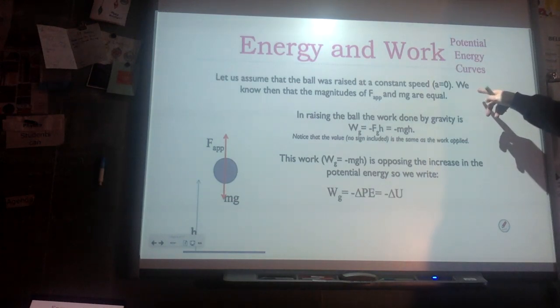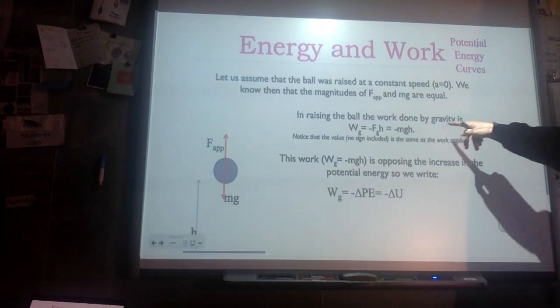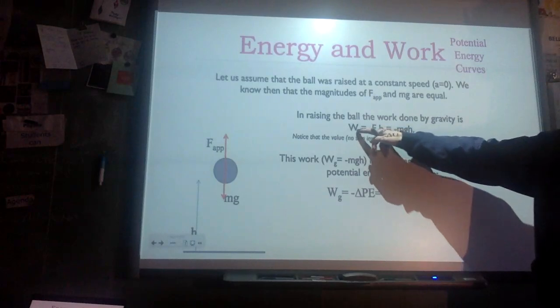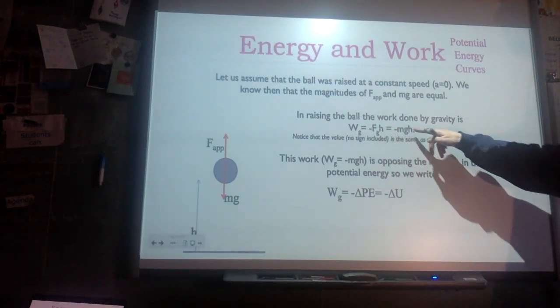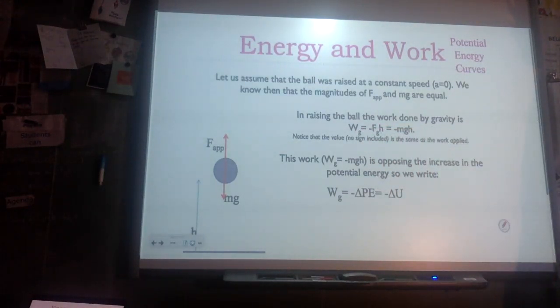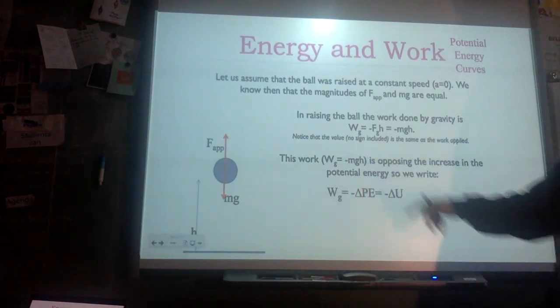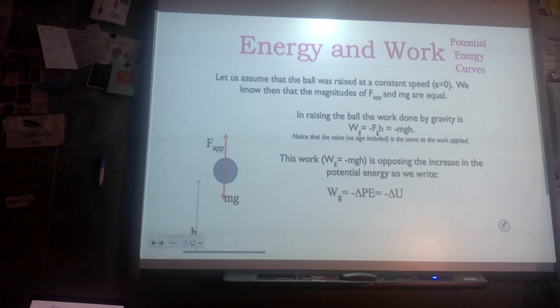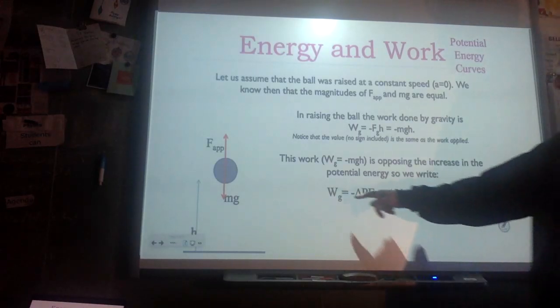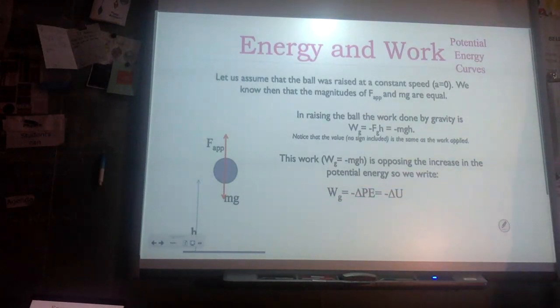So if we have it moving at a constant speed, the work done by gravity is going to be negative mgh. And so the work done by gravity is opposing the increase in potential energy. So we're going to say that the work done by gravity is negative delta U.